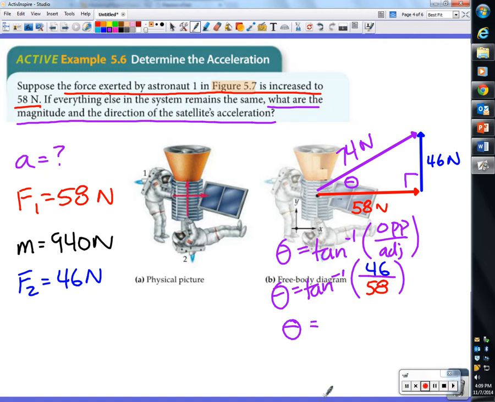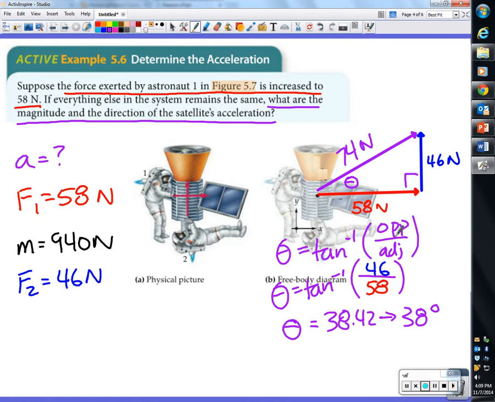But figure out what that angle theta is. And I got 38 degrees when I did that.